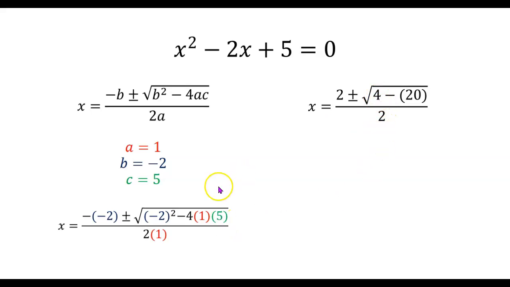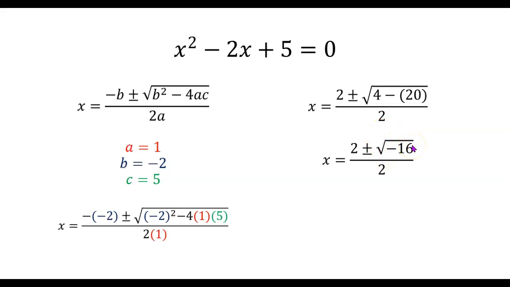So under the radical sign, we have a 4 minus a 20. And down here, 2 times 1 is 2. To finish up under the radical sign, 4 minus 20 would be negative 16. So we have 2 plus or minus the square root of negative 16 all over 2.